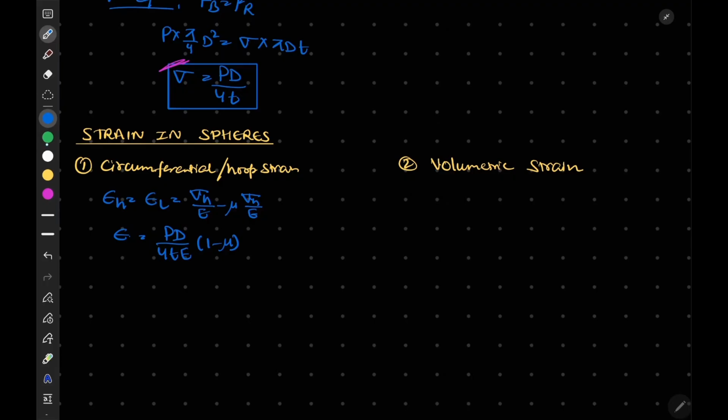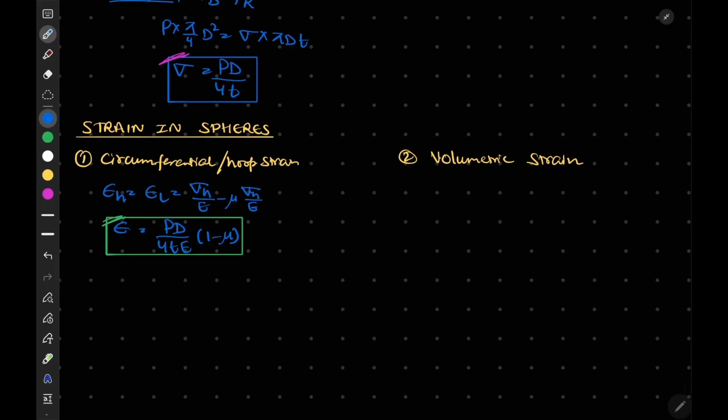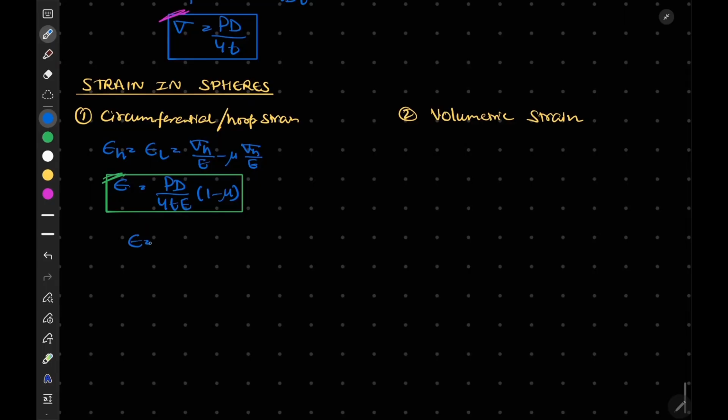So this is your circumferential strain. Of course here we can write epsilon is equal to delta d by d, so we can calculate the final diameter. For volumetric strain, we know that the volume of the sphere is given by pi by 6 d cube. So the change in volume delta V is equal to pi by 6 times 3 d square times delta d.